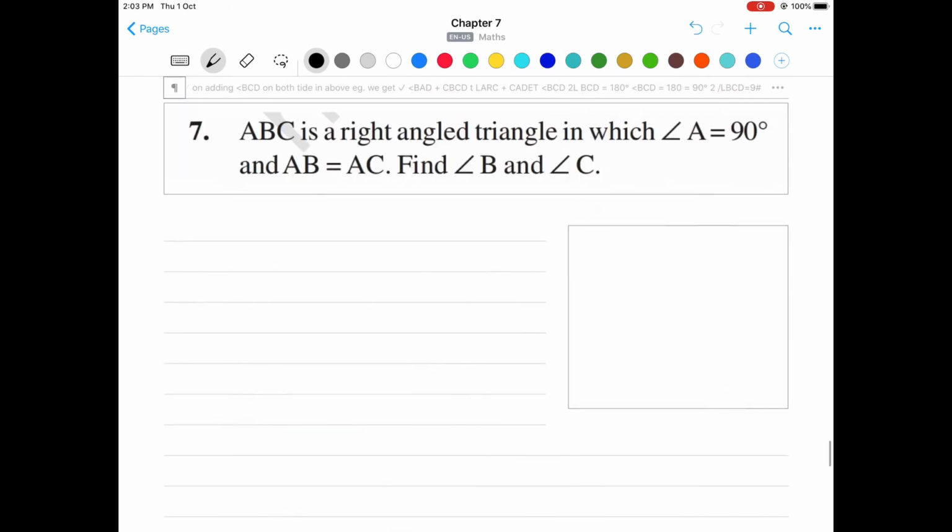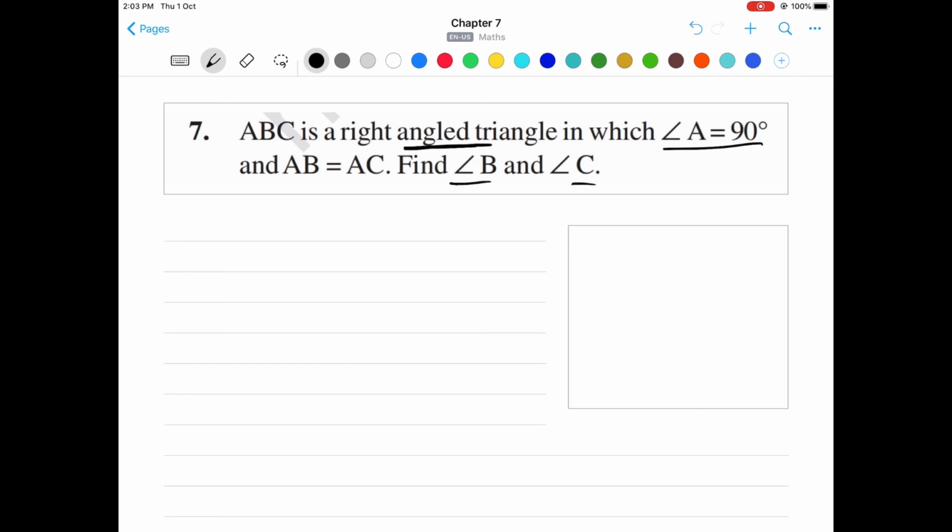Now moving to the next question, we have two more questions in this exercise. Next is question number 7, which says ABC is a right angle triangle in which angle A is 90 degrees and AB equals AC. We have to find the measure of angle B and angle C. This is very simple.